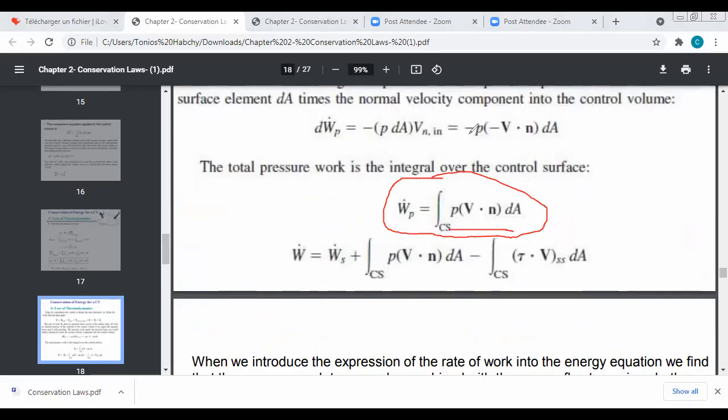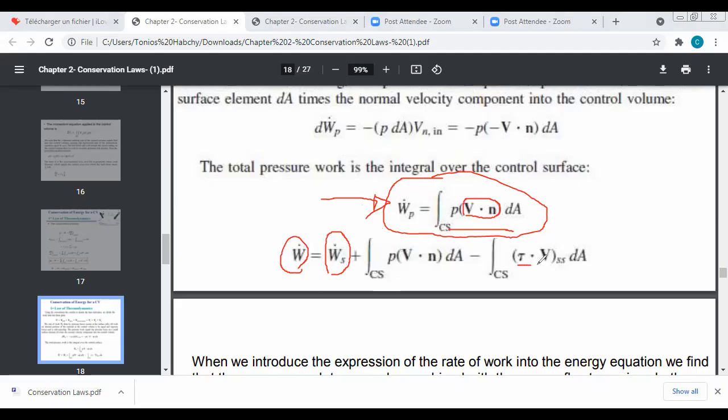This expression is valid for inlets and outlets, because V dot n changes sign depending on whether it's an inlet or outlet, and the term for inlet is opposite to the term for outlet. So this is the general term that gives me the total rate of work on a control surface. If I go back to my expression, I can replace the total rate of work by the rate of work of the shaft, in the case of a compressor or a turbine, plus the integral over the control surface of P times V dot n dA.